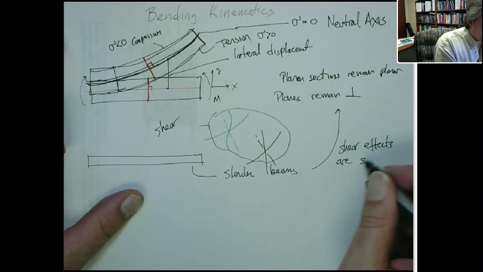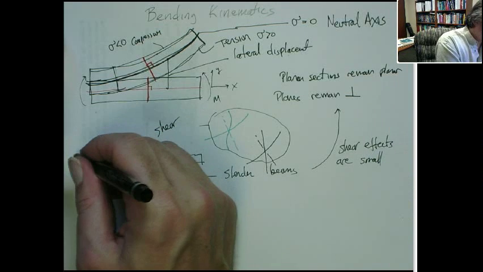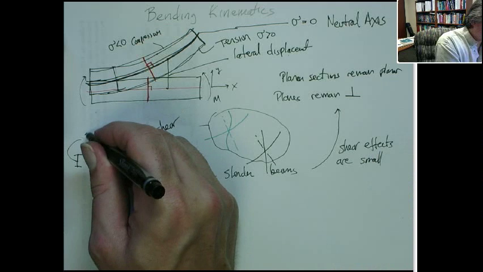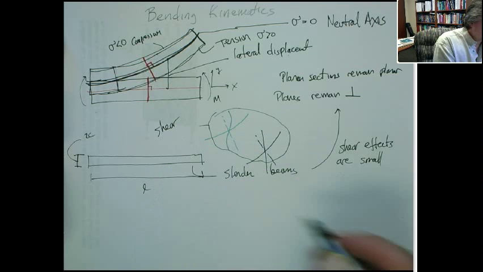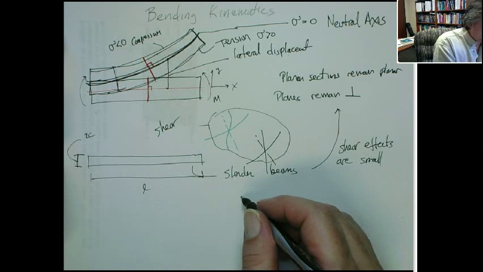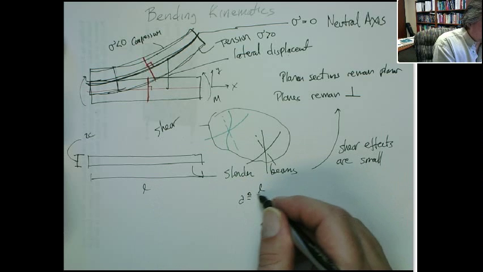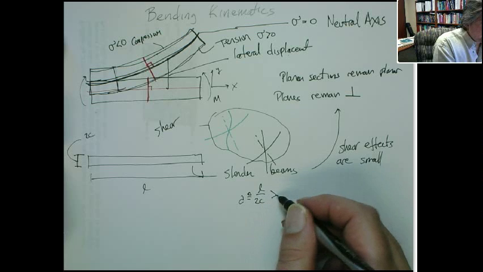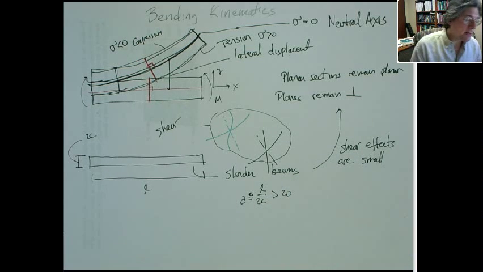And for slender beams, these shear effects are deemed small. So what's a slender beam? Well, this is called 2c, and this is the length. Practically, if the aspect ratio, defined as L over 2c, is greater than 20, it's definitely a slender beam. Maybe you can get away with 10.